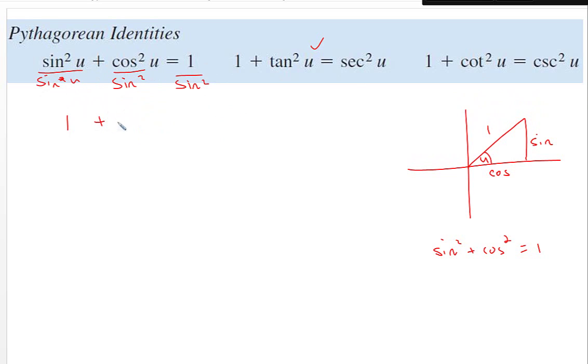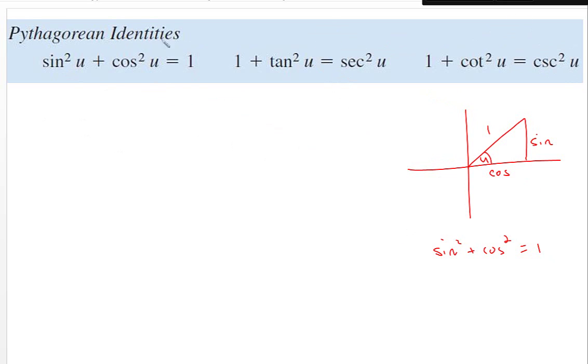Over here we're going to get cotangent squared is equal to 1 over sine squared is going to give us cosecant squared. Alright, so that's how we get this Pythagorean identity over here. So if you know sine squared plus cosine squared is equal to 1, then you can divide this by either sine squared or cosine squared and get the other two Pythagorean identities. So you really don't need to memorize them as long as you understand how they are generated.